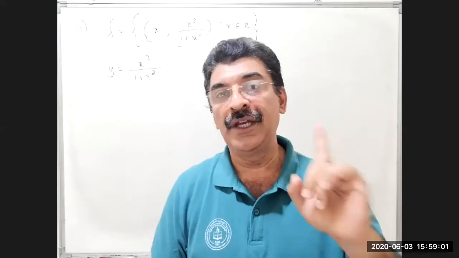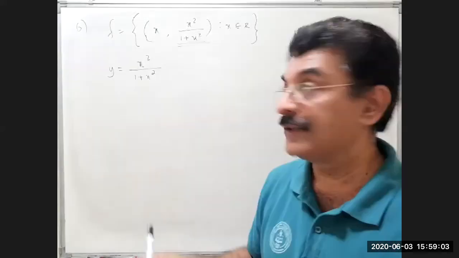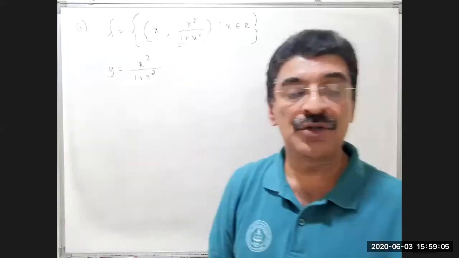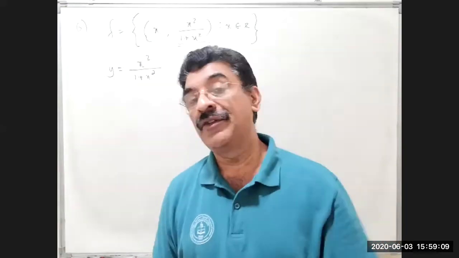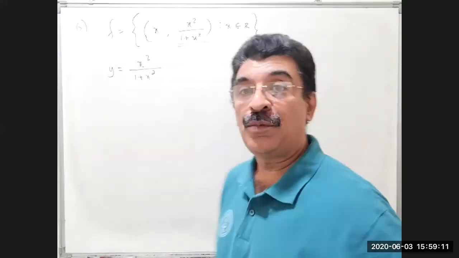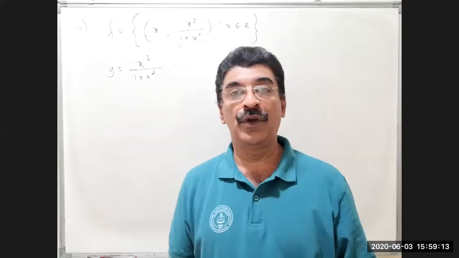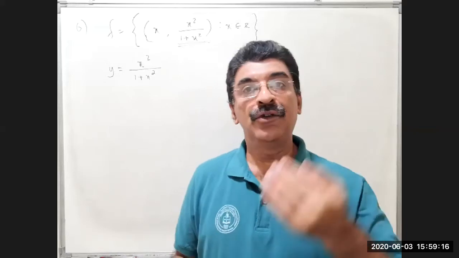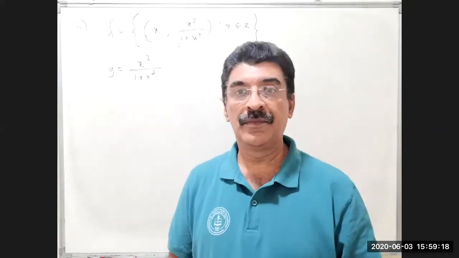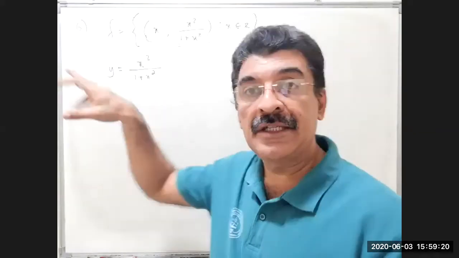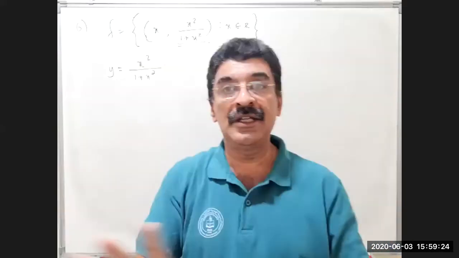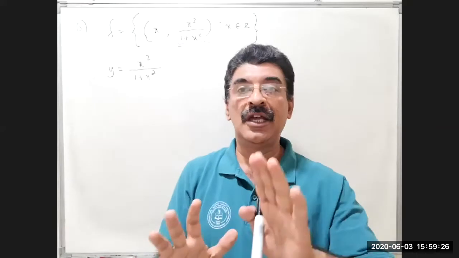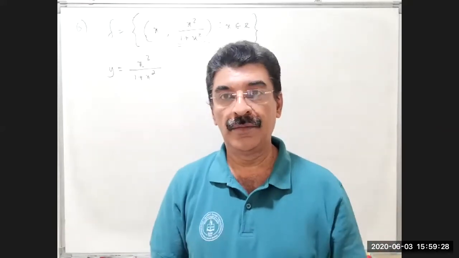Because x is a real number, x can be positive or negative, but whatever it may be, x square is positive because the square of a number becomes positive. Even the denominator 1 plus x square is also positive. That means this expression can never be negative, it can be only positive.